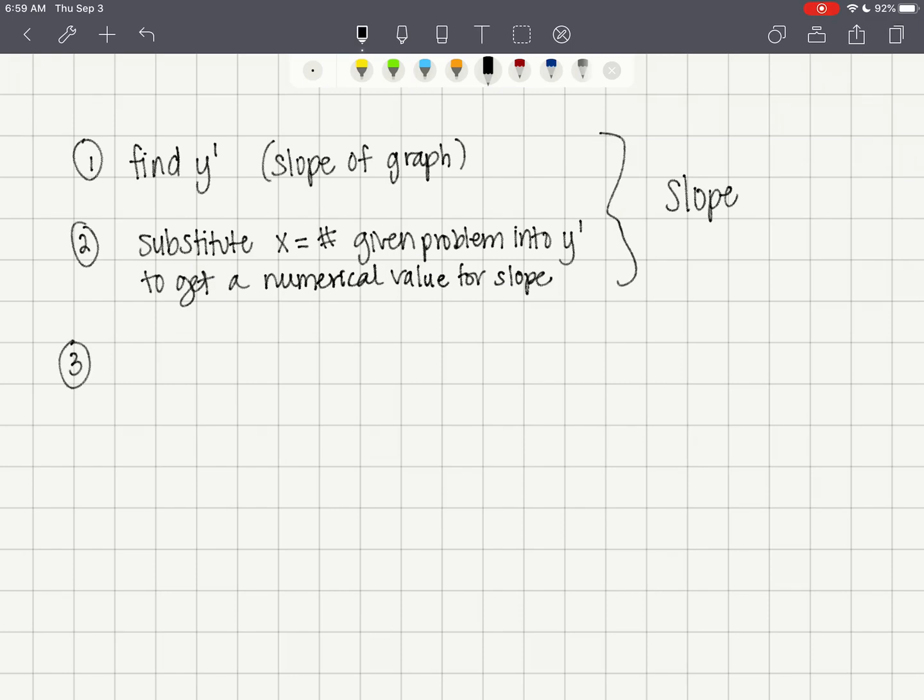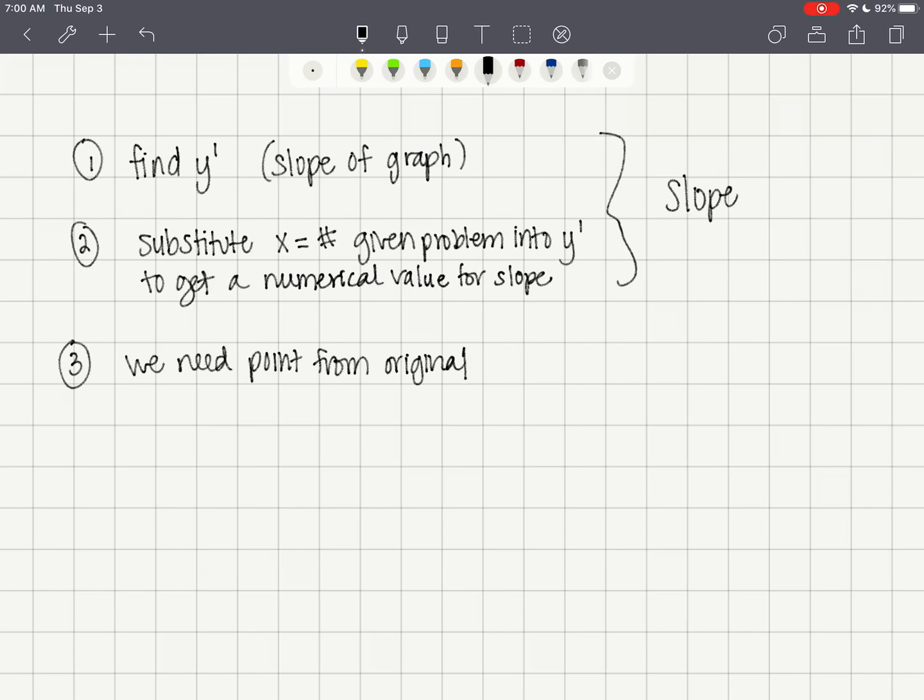And then step 3, what do we need? We need the point from the original graph. Step 1 and 2 could come after step 3, or step 3 can come after 1 and 2, but 1 and 2 go together. That's why I use little braces there.